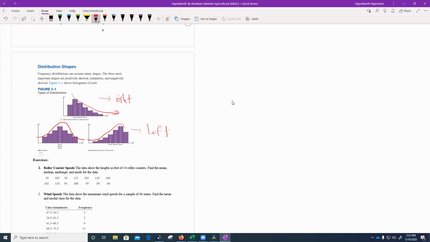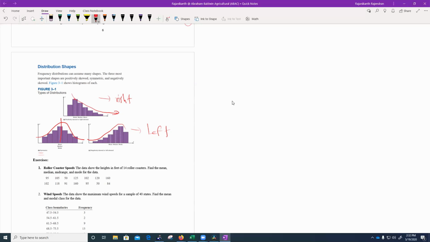So mean, median, mode is the peak one, the highest one. Okay. So for the symmetric curve, all three values are the same. For the right skewed, remember the top of the distribution is always going to be the mode. Mode is the highest value of your data, right? Remember this is all my frequency, right? Highest frequency occurs at this point, so it is going to be the mode.